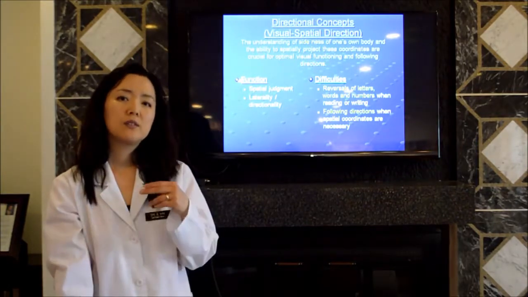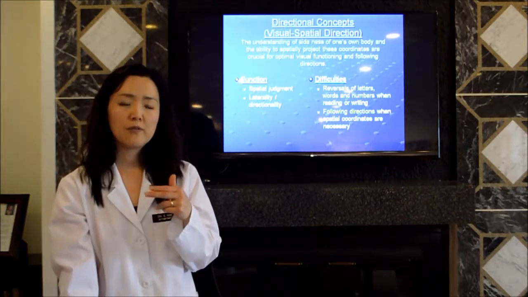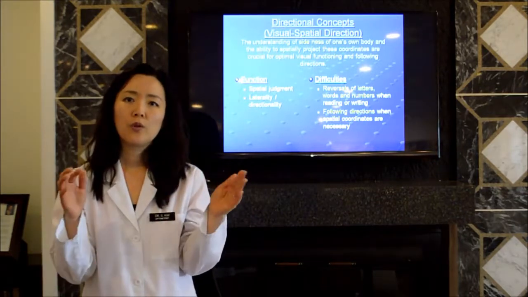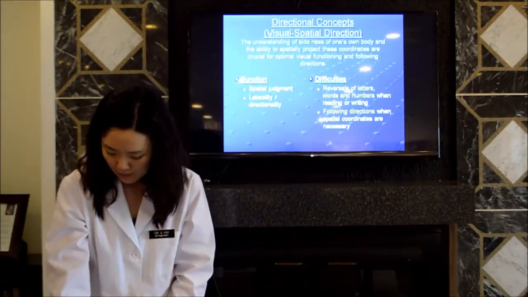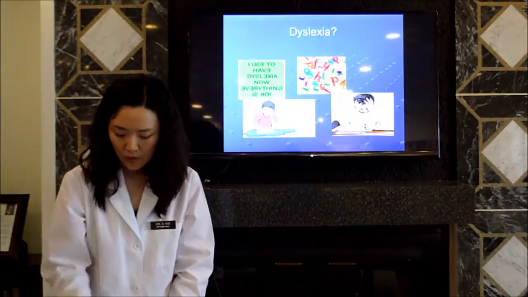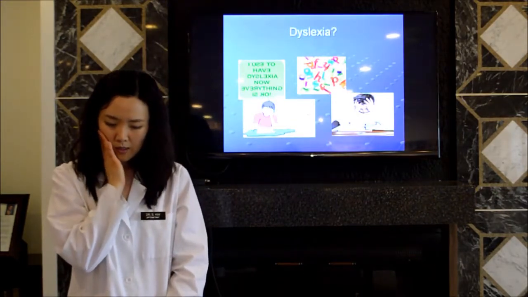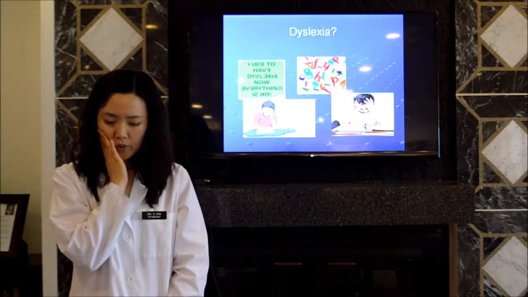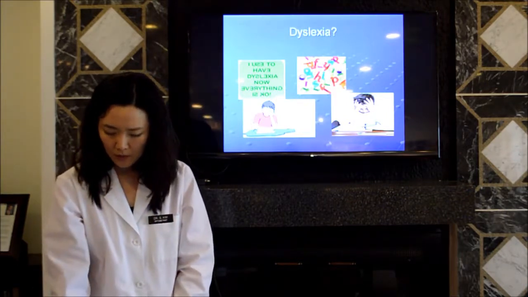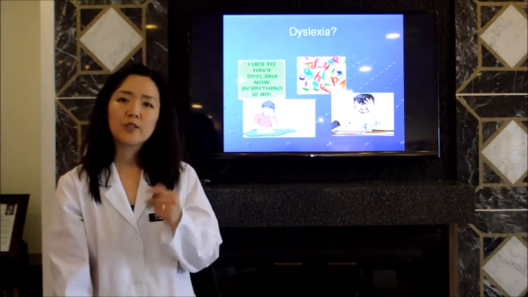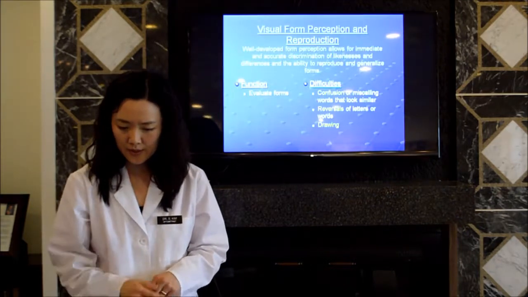And following direction will be difficult if it involves sidedness, right and left. So they often are viewed as dyslexic people because they keep reversing their letters and numbers.